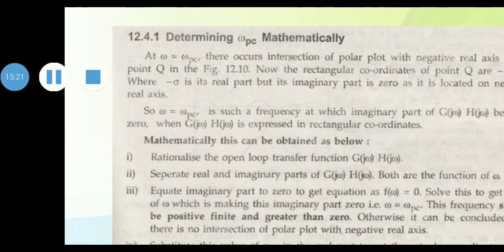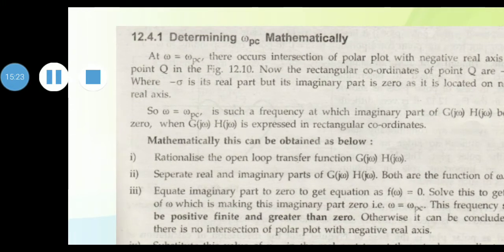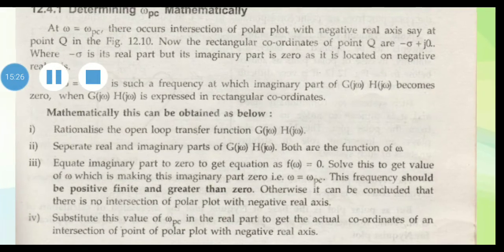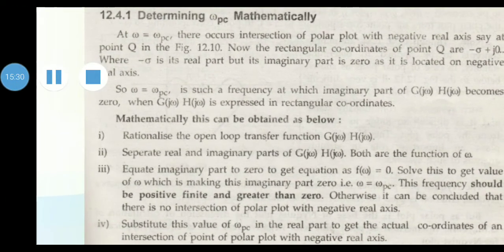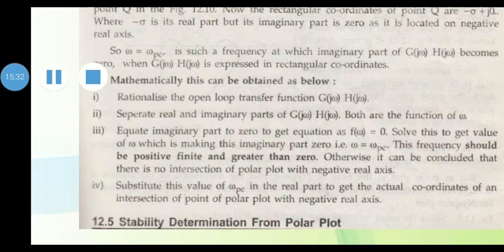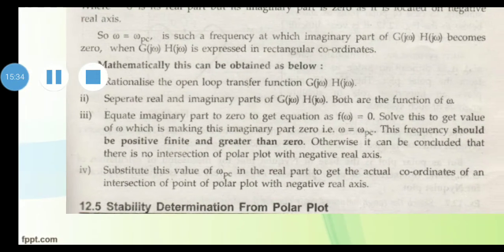So omega is equal to omega pc is such a frequency at which imaginary part of g of j omega h of j omega becomes 0 when g of j omega h of j omega is expressed in rectangular coordinate.